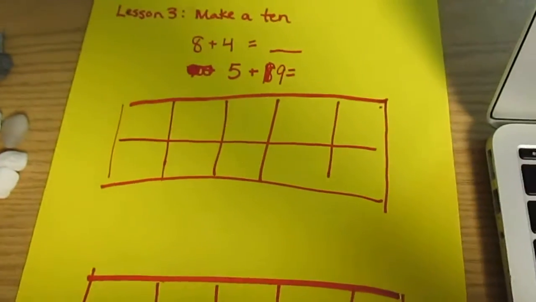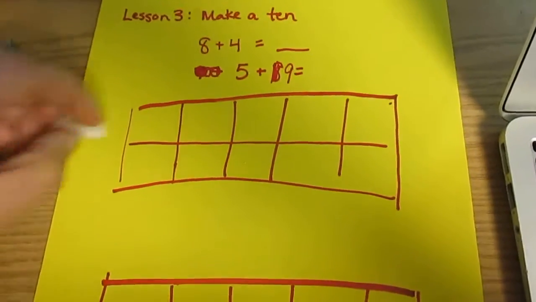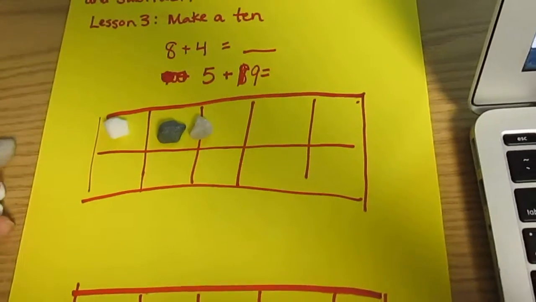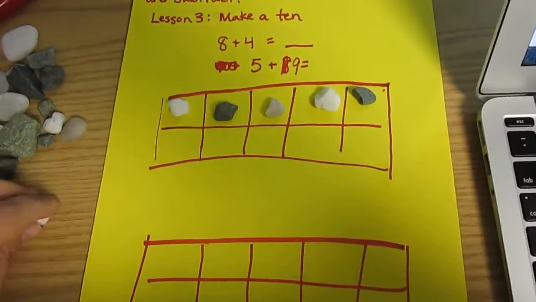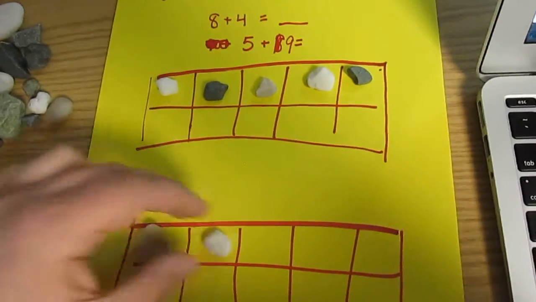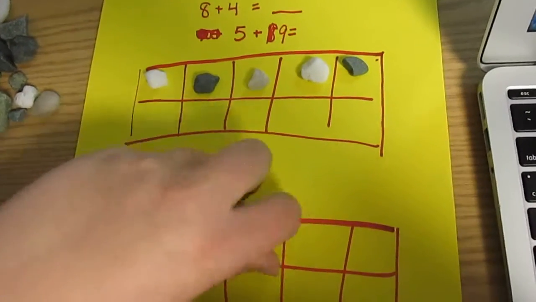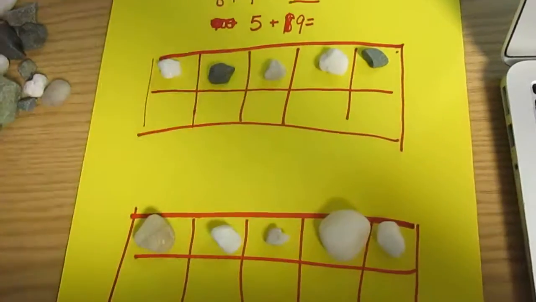I'm going to fill my top frame with my first addend, which is 5. And I'm going to fill my second one, which is 9.